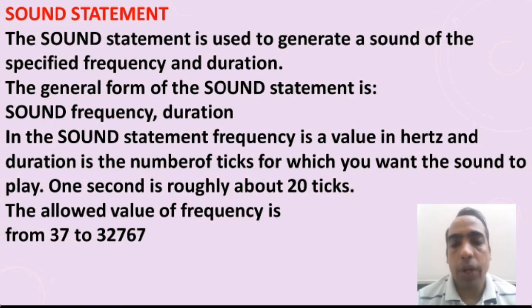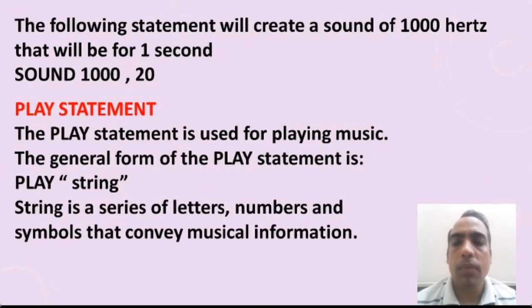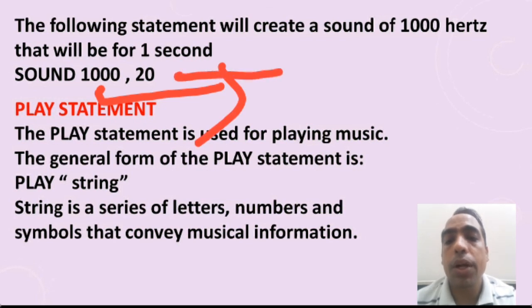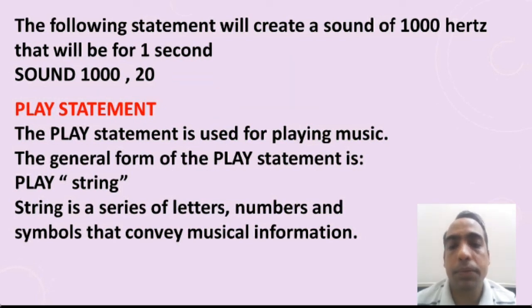The allowed value of frequency is from 37 to 32,767. The following statement will create a sound of 1000 Hz for 1 second: sound 1000, 20. In this example you can see 1000 for frequency and 20 ticks for 1 second.